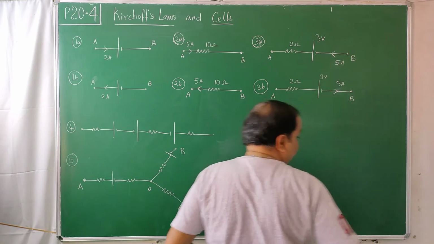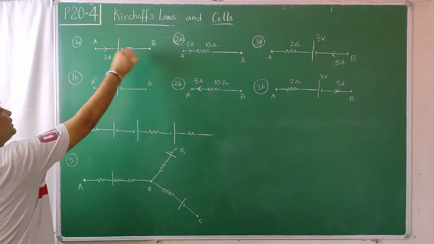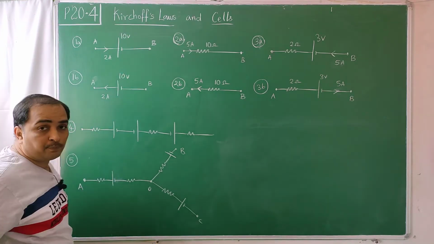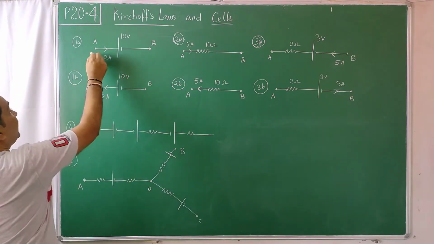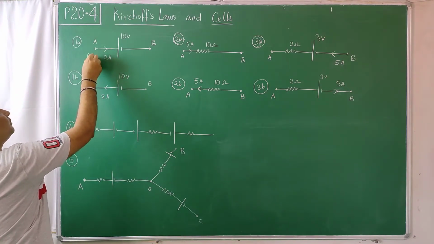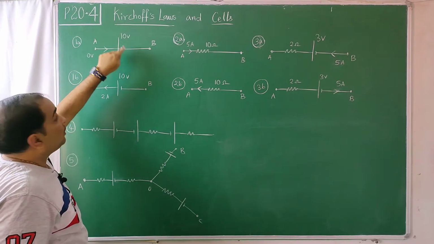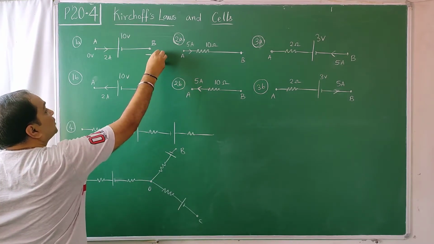So in each of the cases, I am trying to show you the AB difference. Here, say 2 amperes of current is flowing through a 10 volts battery. Now, if you go from A to B, say A is 0 volts, B is a drop from the big bar to the small bar, a drop of 10 volts, so this should be minus 10 volts.